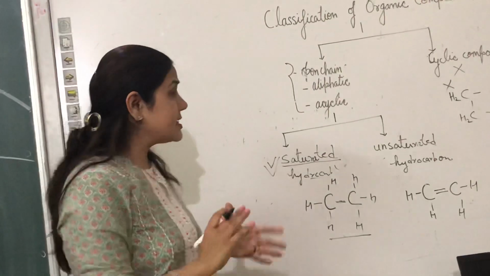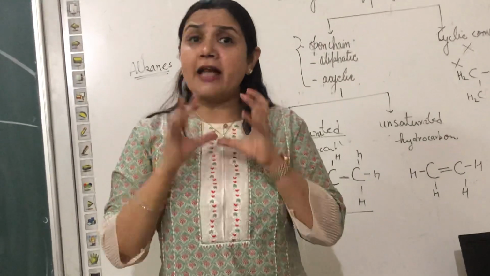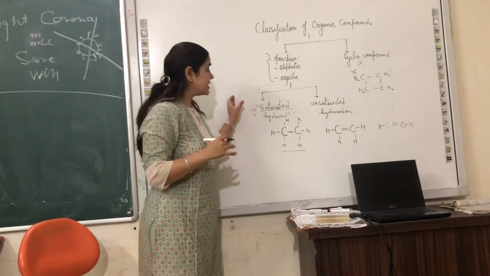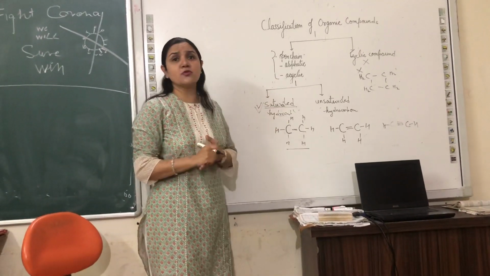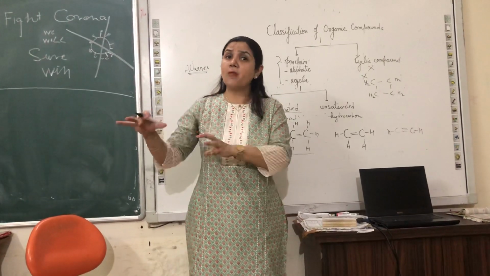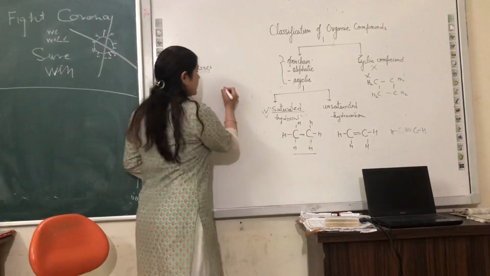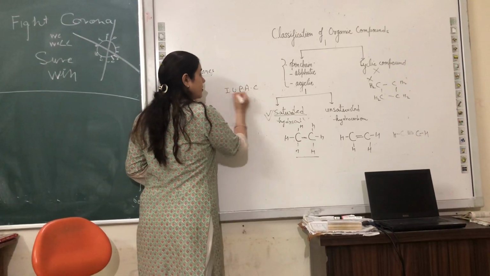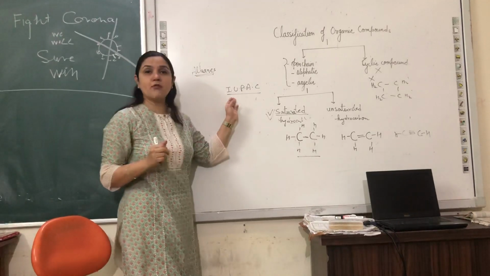Okay, here you are studying the language of organic chemistry. These are the terms which we are going to use because we are going to study the IUPAC nomenclature. What is the full form of IUPAC?